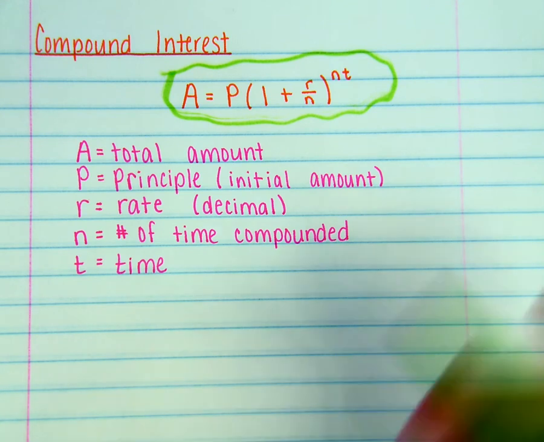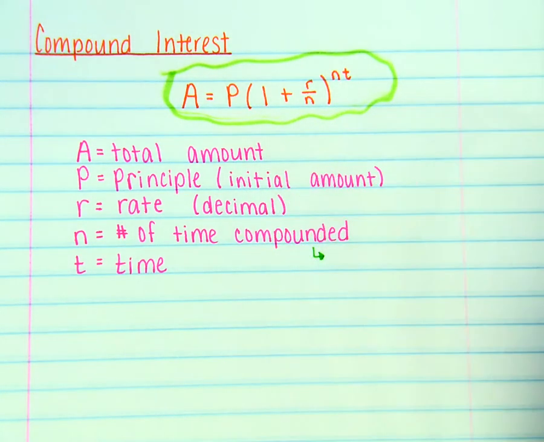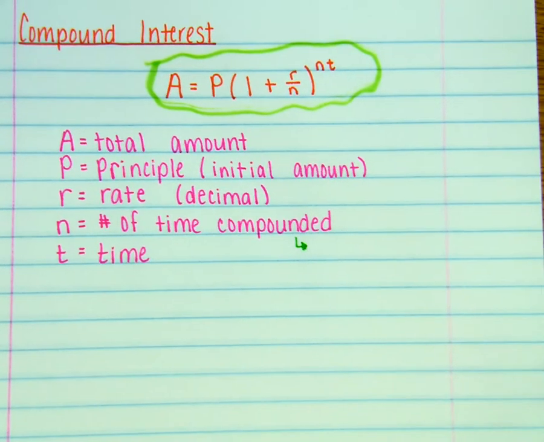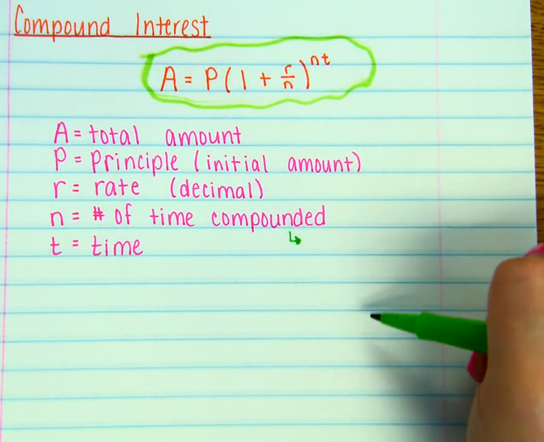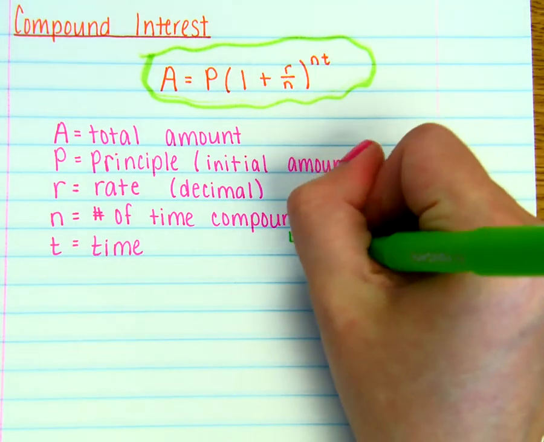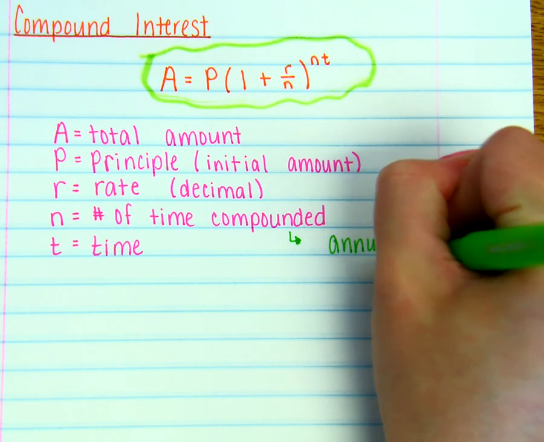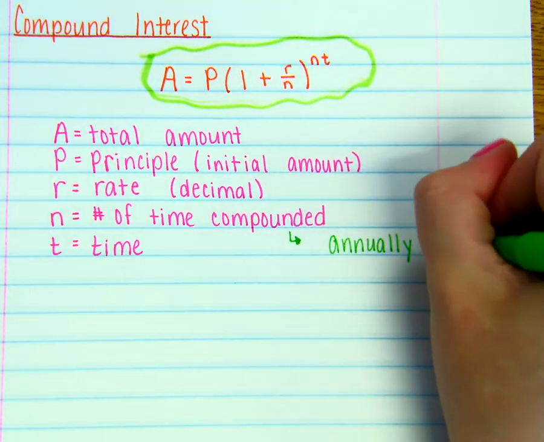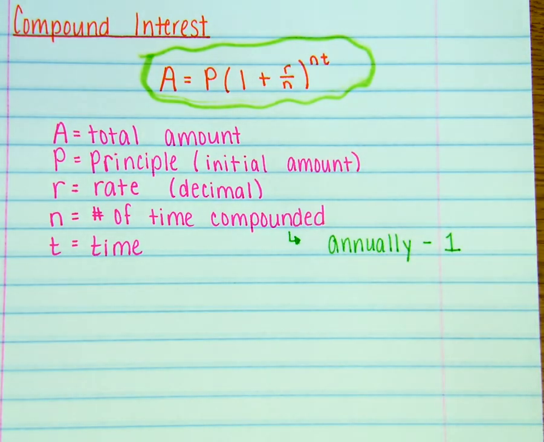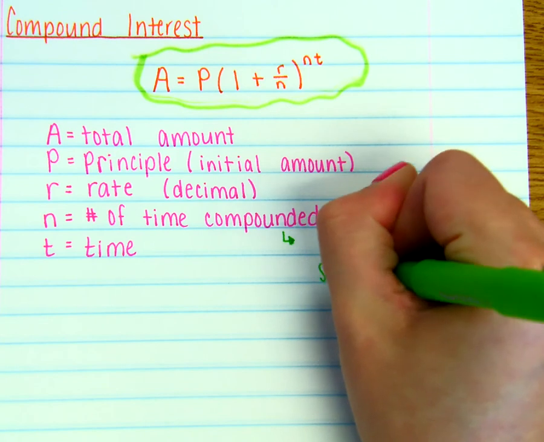Before we move on, I just want to talk about this word compounded. There are a couple different ways that you can see something being compounded. We're just going to write down what the different ways are and how many that means. The first one you are going to see is annually. Annually means once a year. Then we have semi-annually.